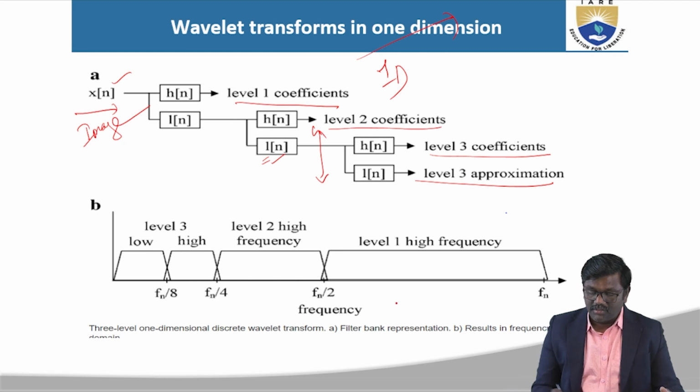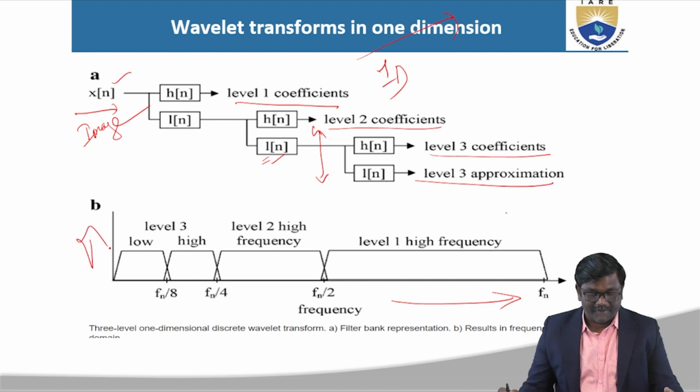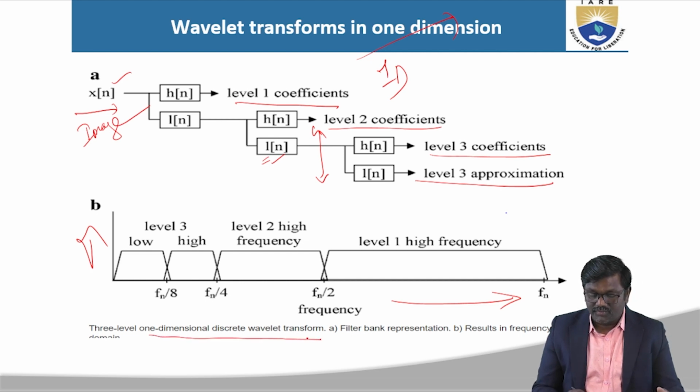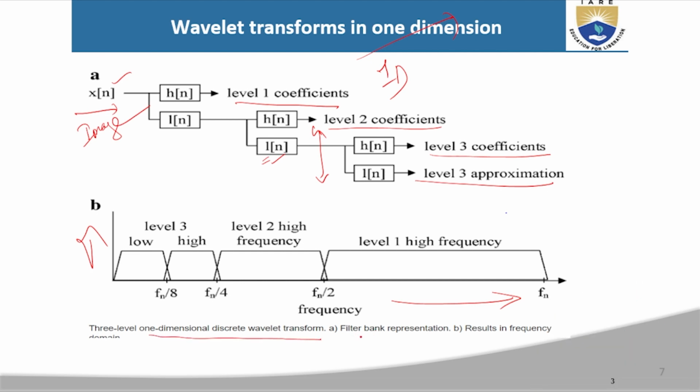You can see the scale value which we are keeping on the y-axis versus the x-axis. This one-dimensional discrete wavelet transform is kept to understand the filter bank representation as the A part, and the resolution frequency is the B part.